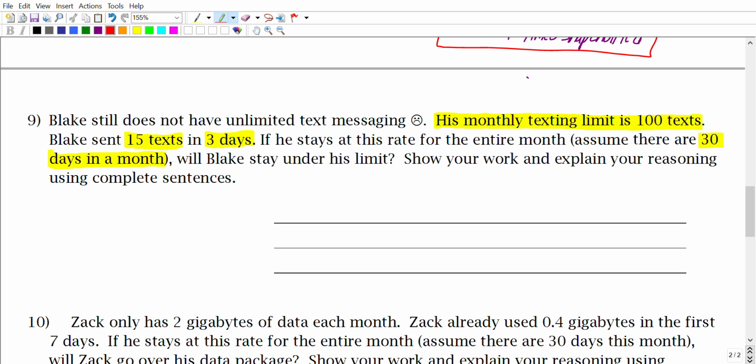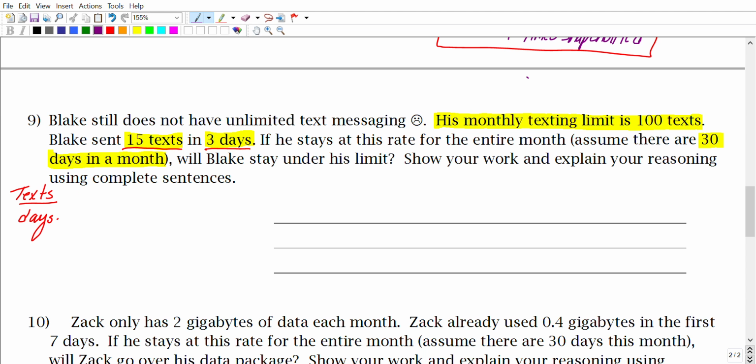So right away, from this information right here, I know I'm comparing texts with days. So let's go ahead and write that down. Texts over days. All right, so let's see.